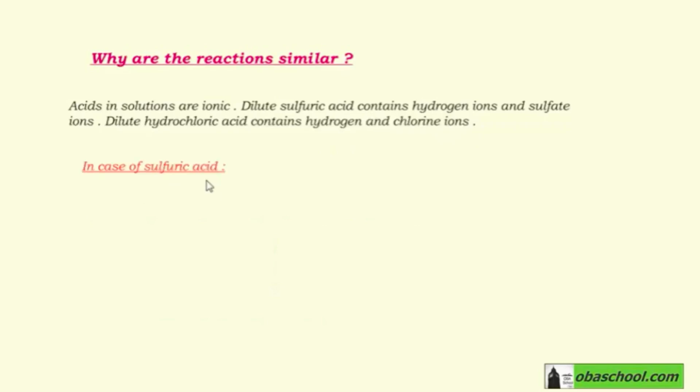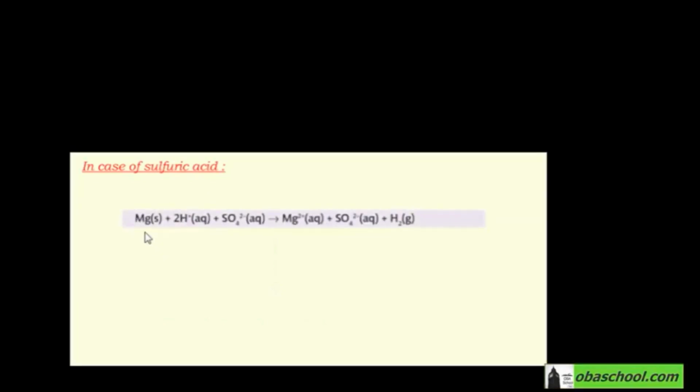Now in the case of sulfuric acid, let's see the equation between magnesium and sulfuric acid. Magnesium plus sulfuric acid, which we'll write as 2H+ and SO4 2-, the sulfate, reacts to give magnesium sulfate plus hydrogen gas.